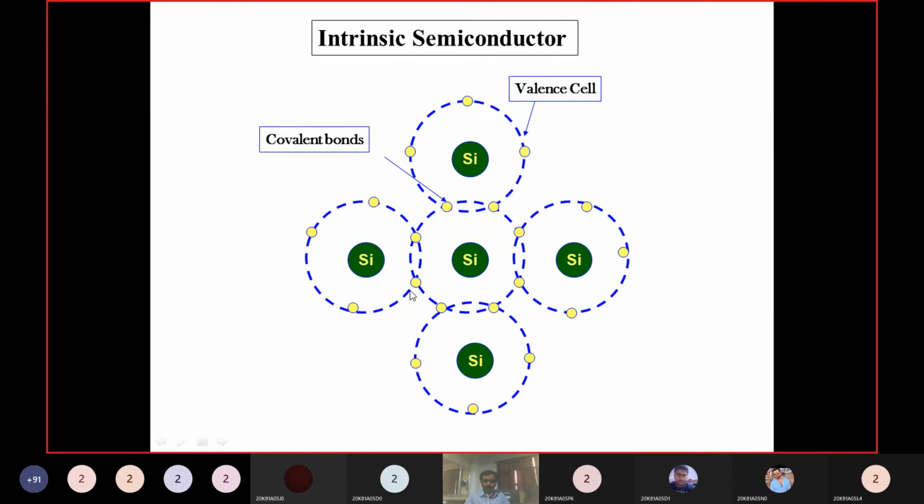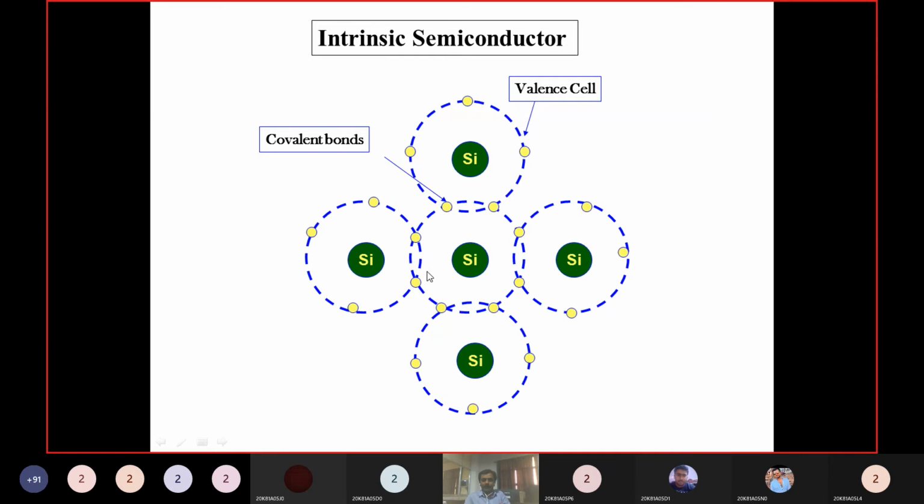Here it shows 5 electrons, so for stability one electron is shared with the neighboring atoms.